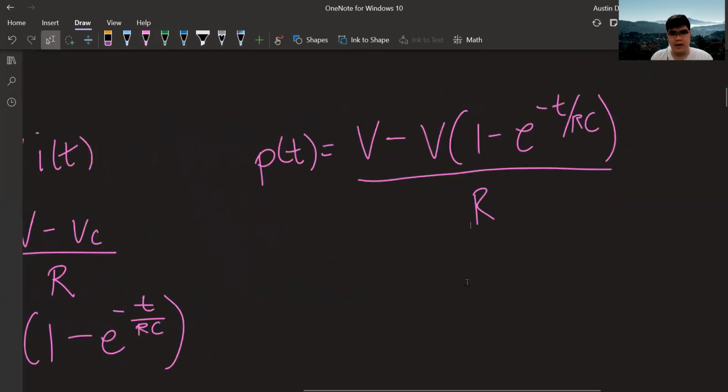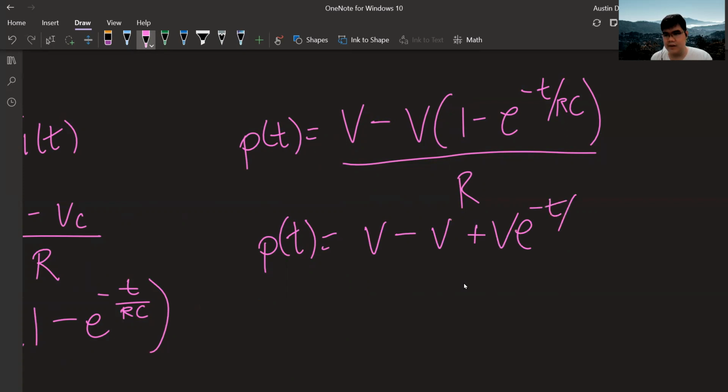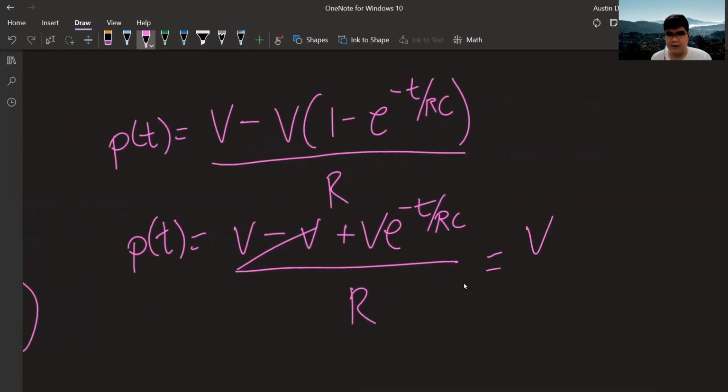Then this is just V of t. Let's just simplify a little bit. This is V minus V plus V e raised to negative t over RC, all over R. This cancels out. Then I have V over R, V raised to negative t over RC.